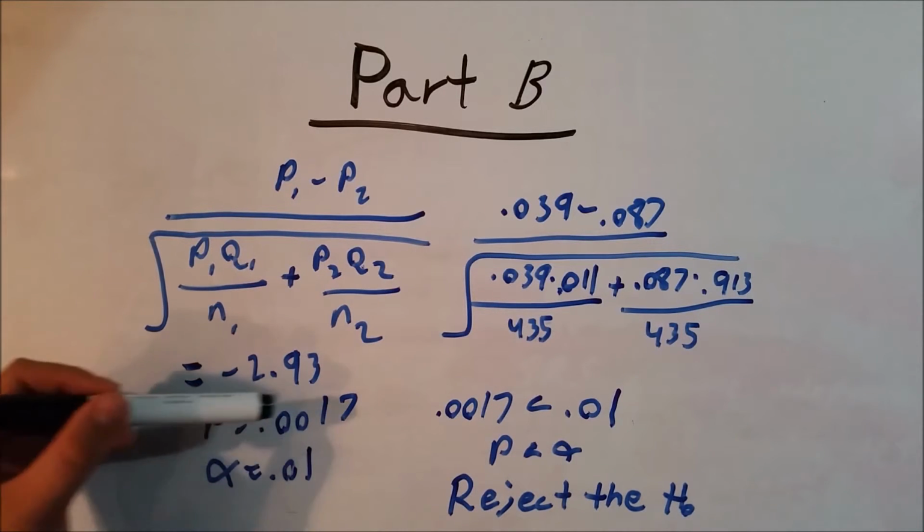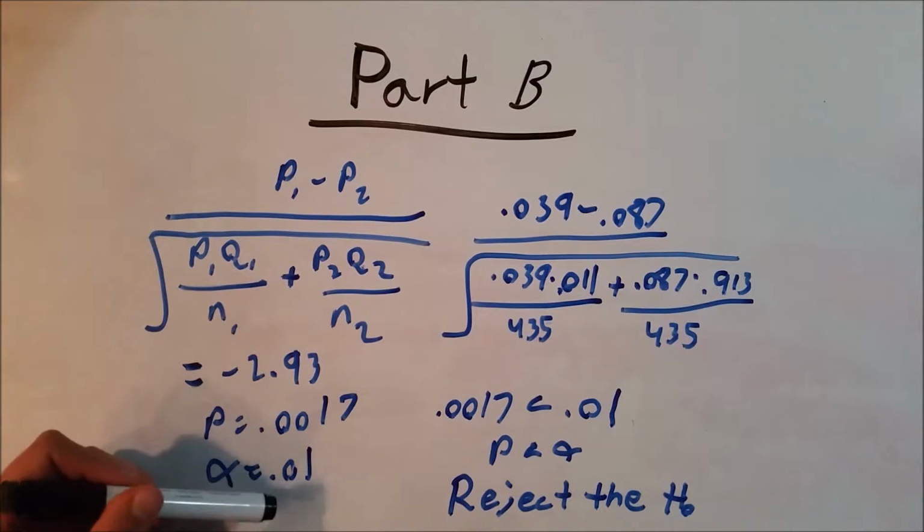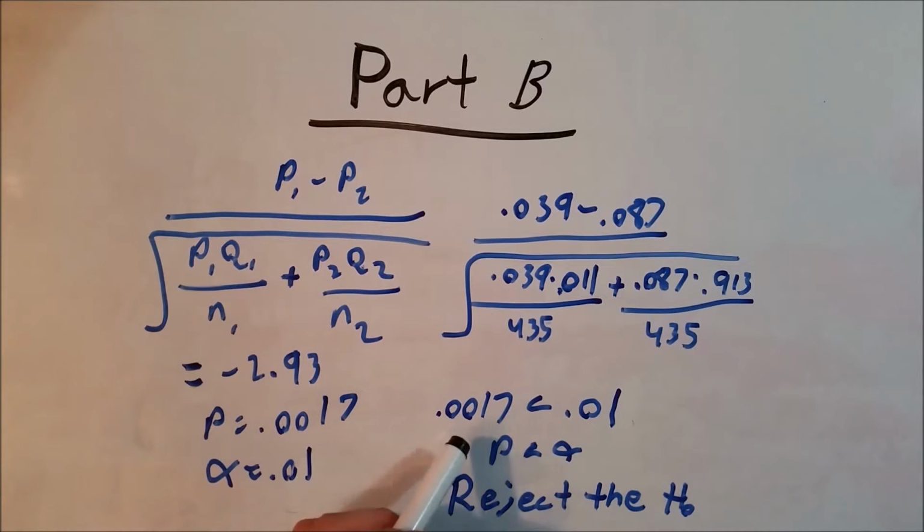And then, so you want to find out how significant it is. So our alpha value that we chose is 0.01. And so our p-value is less than our alpha. 0.0017 is less than 0.01. So the evidence that the AZT drug is effective is significant to the level of 0.01.